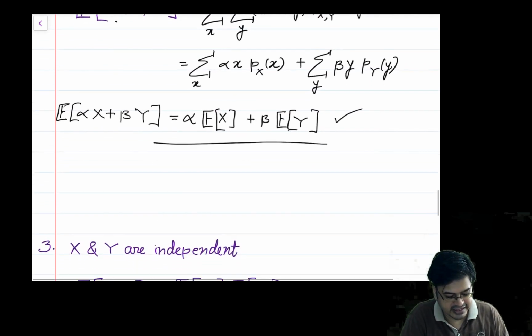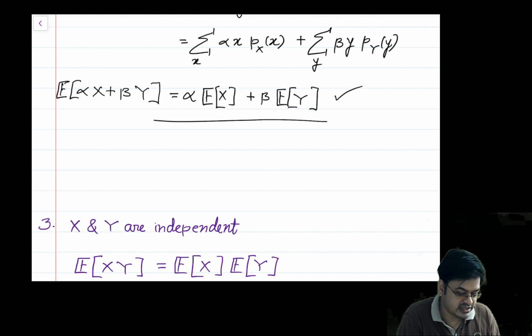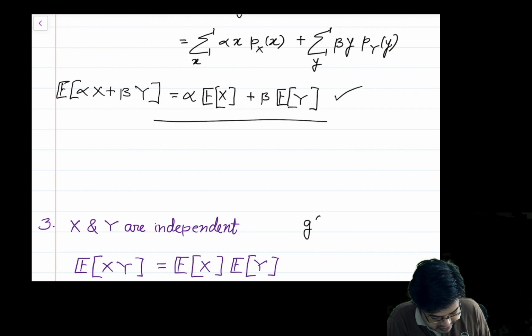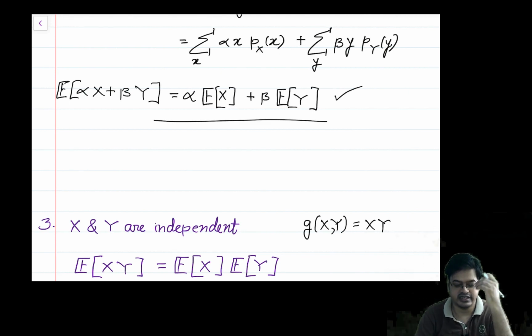Now let us look at what happens if x and y are independent and g(x, y) is nothing but the product of these two random variables. So I am again appealing to the law of unconscious statistician.